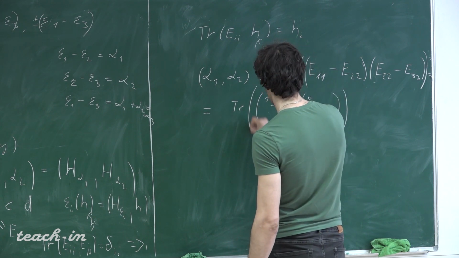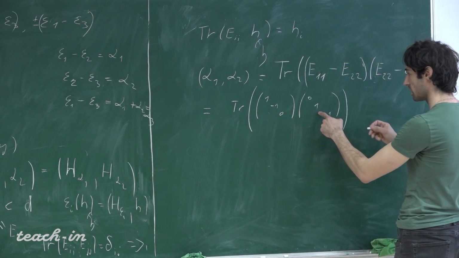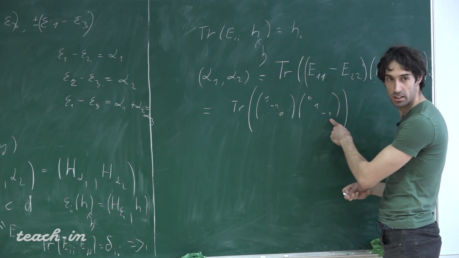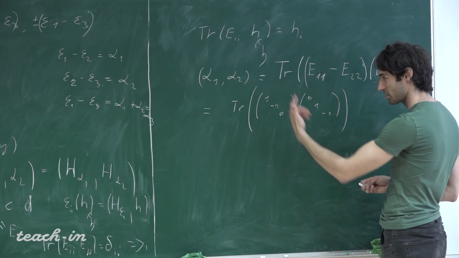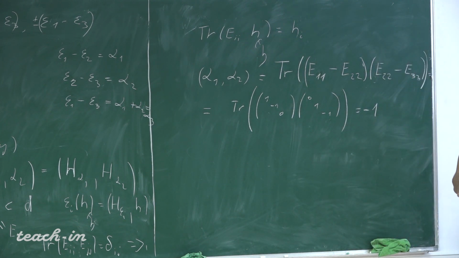If I multiply them, I will get negative 1 in the middle and zeros elsewhere. So the trace is negative 1.